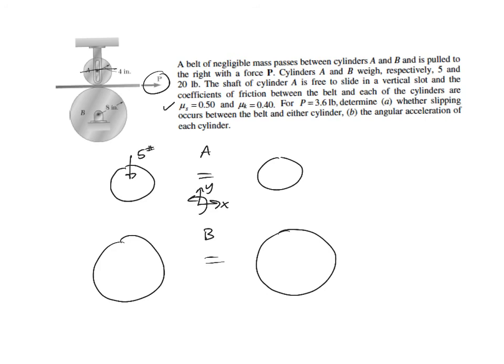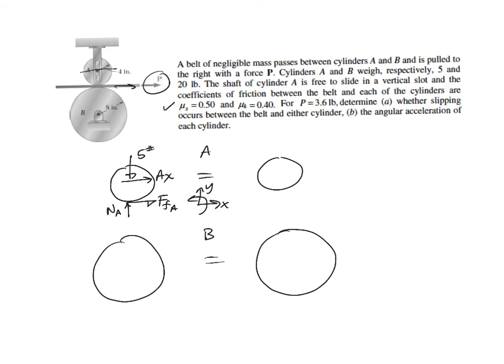I've got a horizontal force from the vertical slot. Down below I've got the belt, which as it gets pulled that way, is going to apply a force of friction to A. And we're going to have a normal force pushing back up on cylinder A.